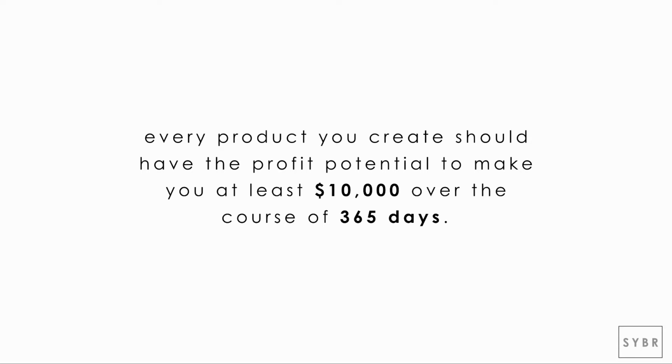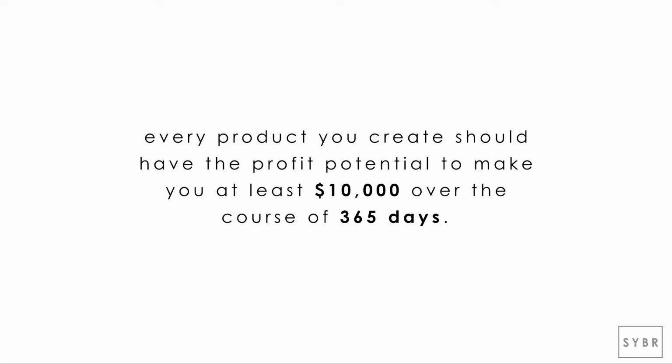Once you hit that $10,000 milestone, you can scale that $10,000 to $20,000 to $50,000 by increasing your promotional power, maybe investing in ads to generate more awareness of your product, to funnel more people through your sales pages, and then to get higher conversions.